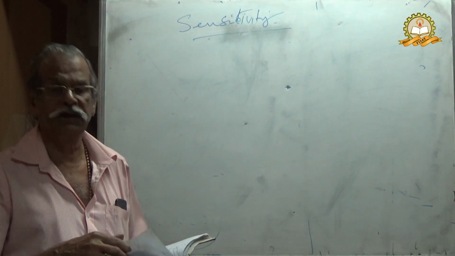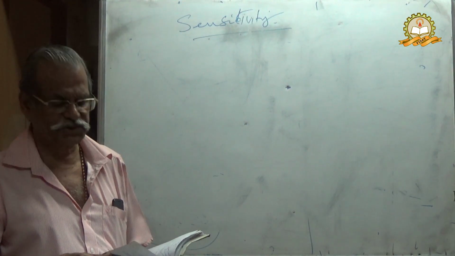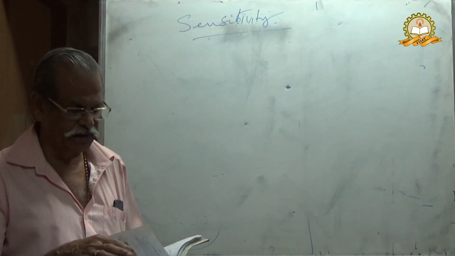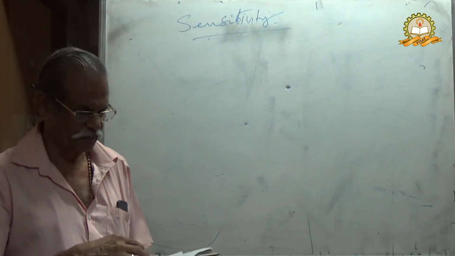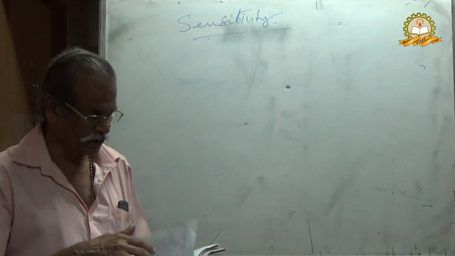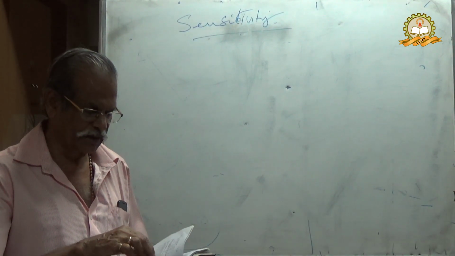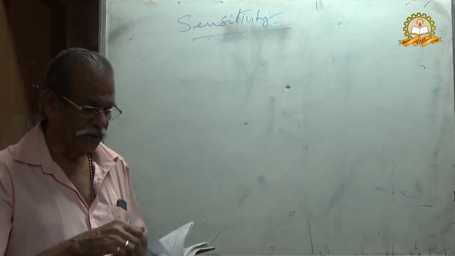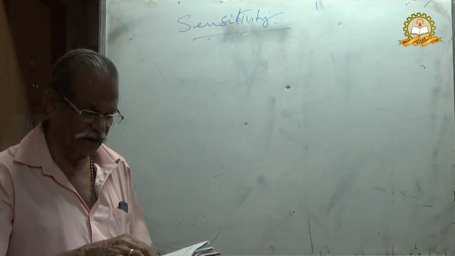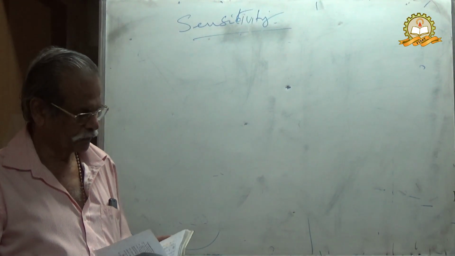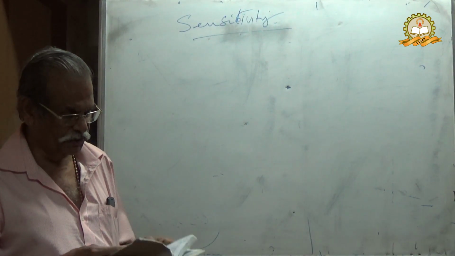I'll be giving you an example of a question under sensitivity analysis separately later. Because normally they ask for the definition, but I'll give you one question where you can recorrect the mistake done under sensitivity analysis.